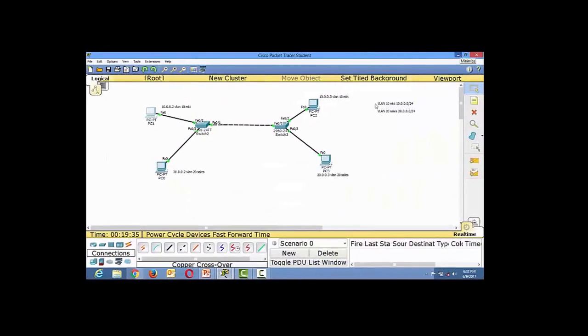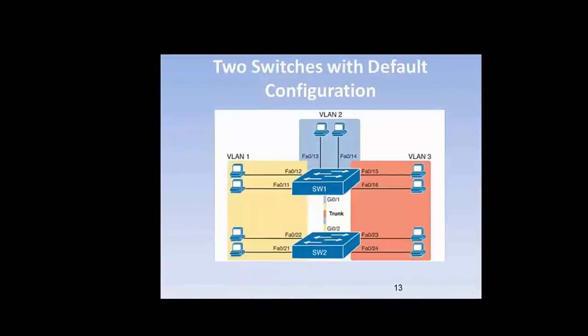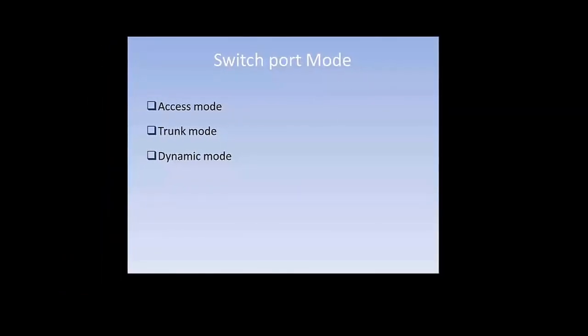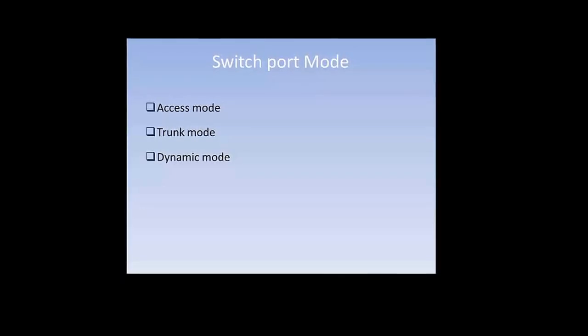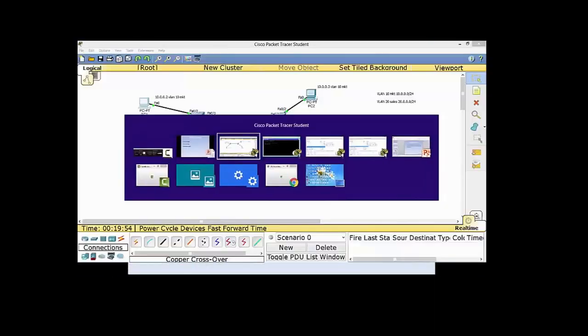Because, let's come back to the slide. This is the reason: access mode, trunk mode and dynamic mode. Your switch port can work in three modes: access mode, trunk mode and dynamic mode. Let's verify that also.